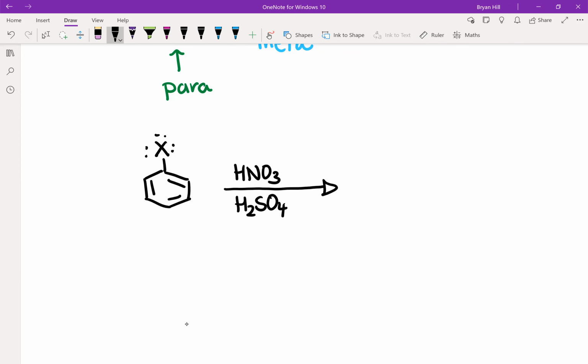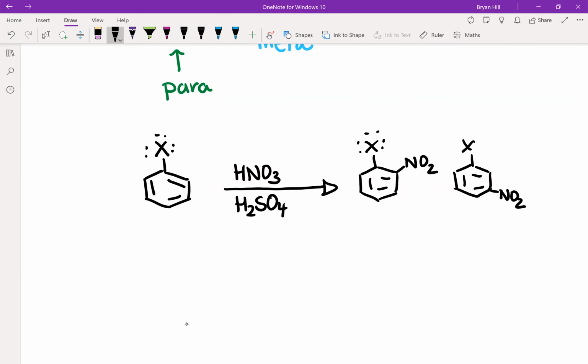So we are going to do a nitration reaction. And so our product could be one of 3 different possible products. You could have your nitro group here, you could have your nitro group here, or you could have your nitro group here.